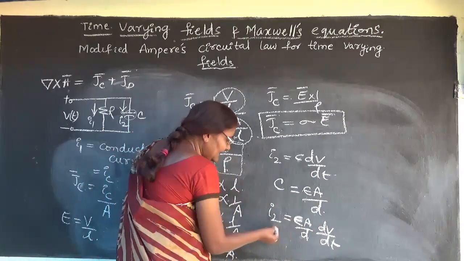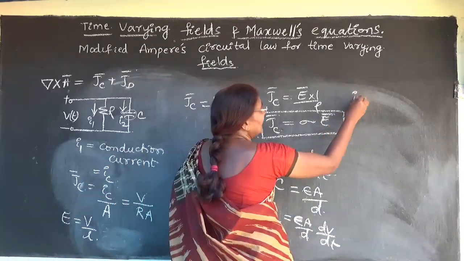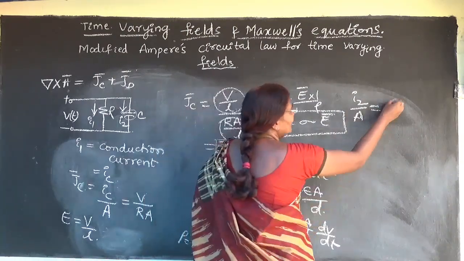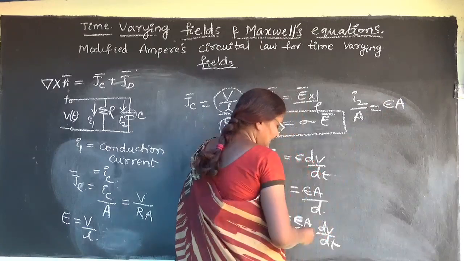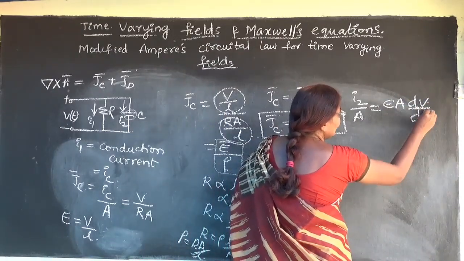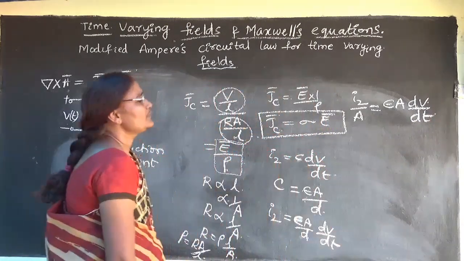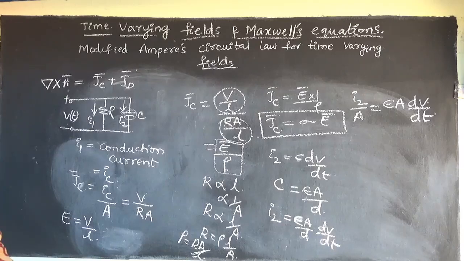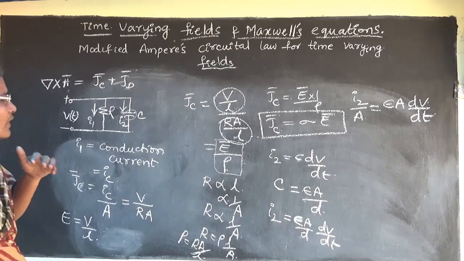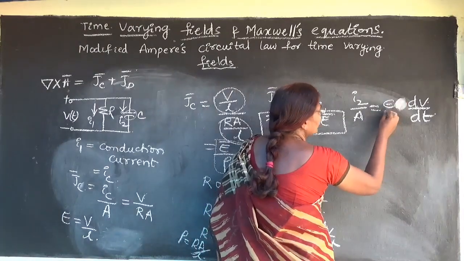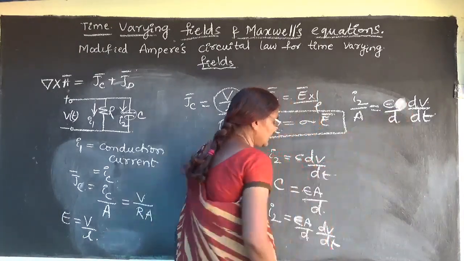So if I take A here, then I2 by A will become epsilon A into dV by dt. Epsilon A dV by dt, I will get this formula. So epsilon by d, not E, epsilon by d I will get.